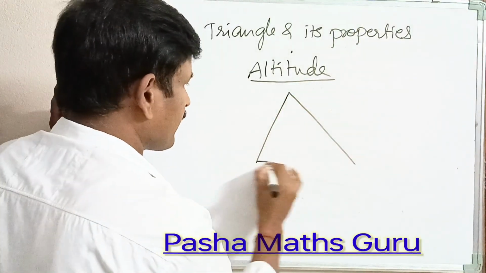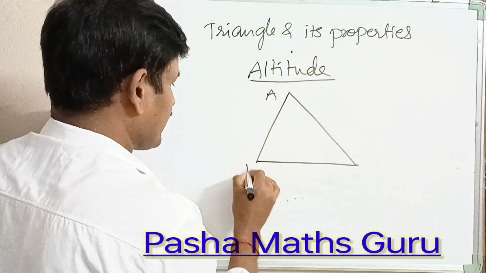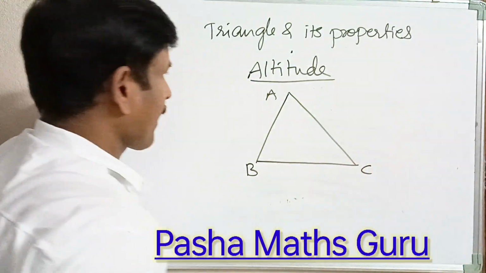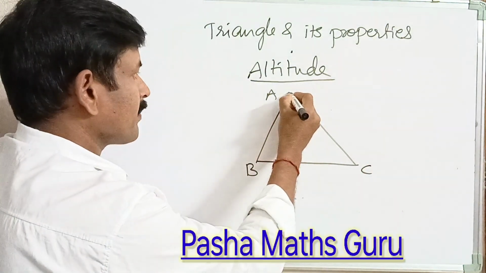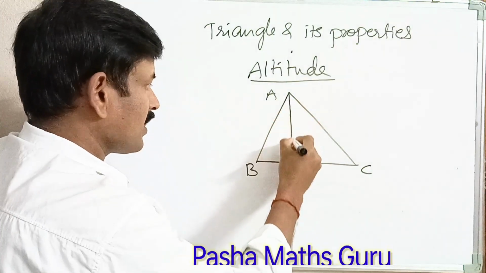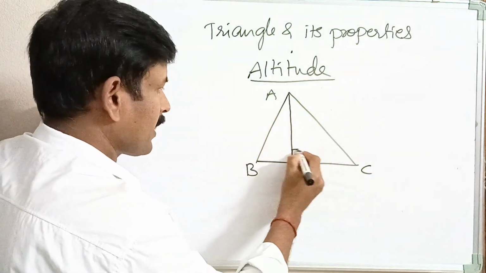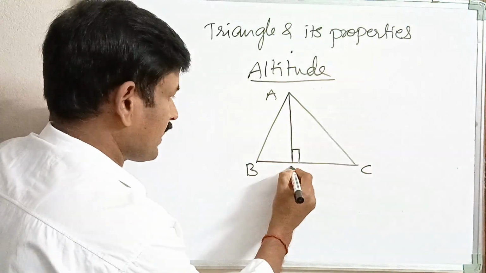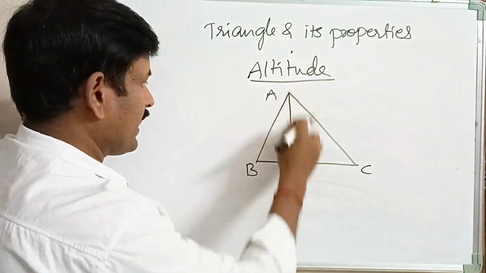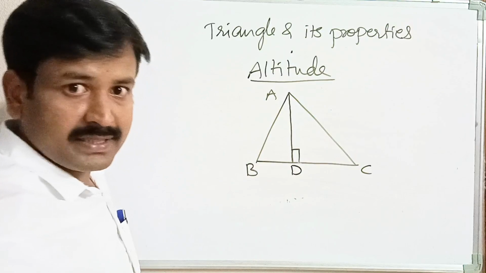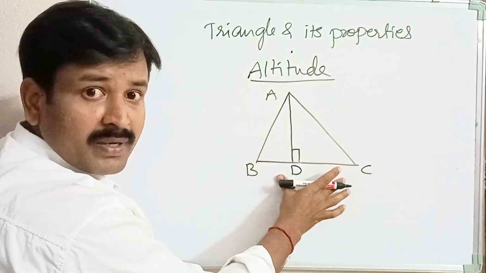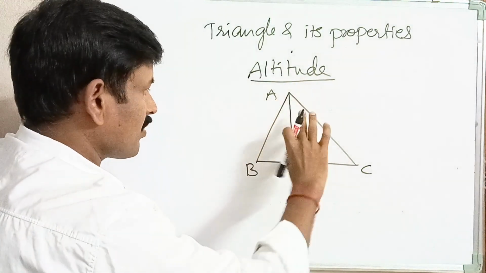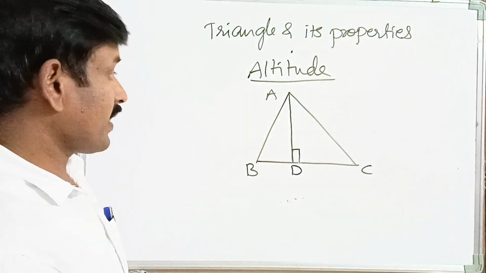In triangle ABC, the perpendicular line segment from a vertex to its opposite side, perpendicular, which makes 90 degrees. Now name this point as D. Now AD is perpendicular to BC. Now AD is called an altitude of the triangle.